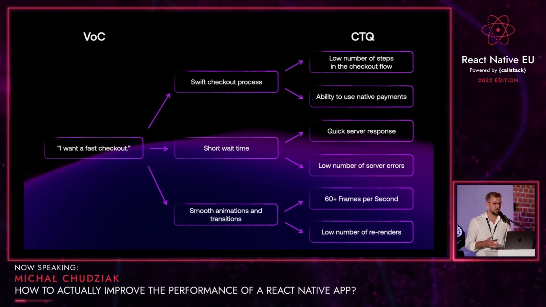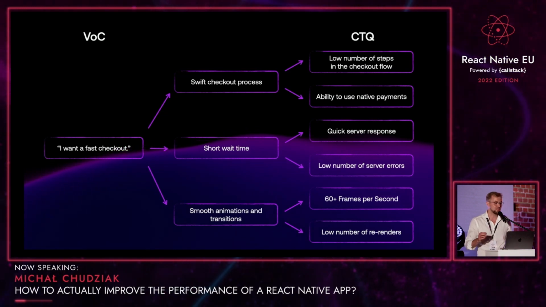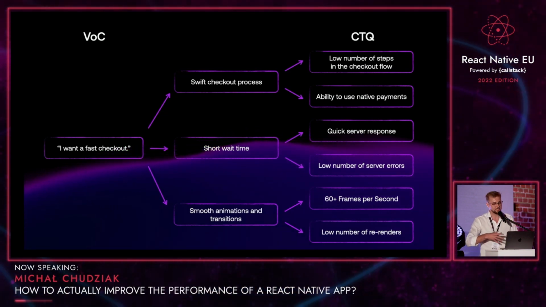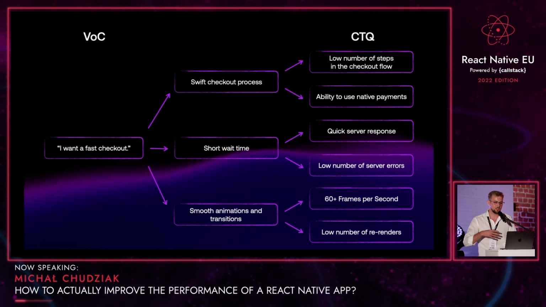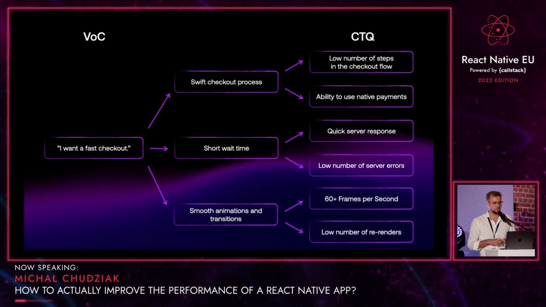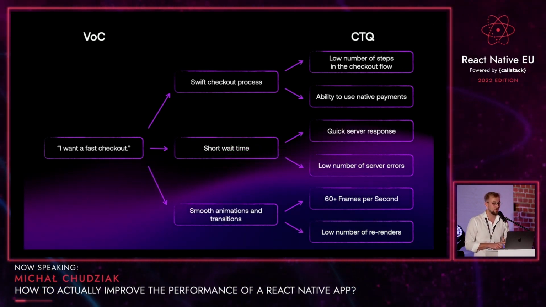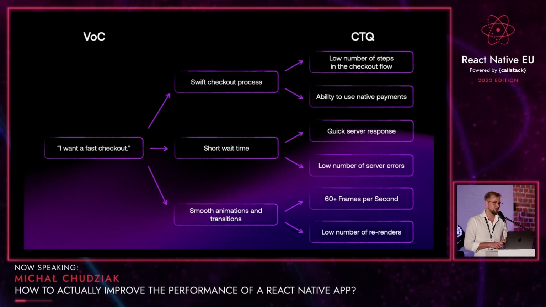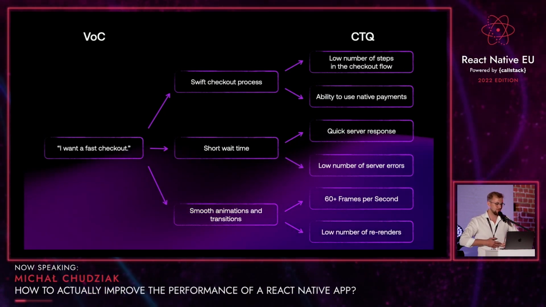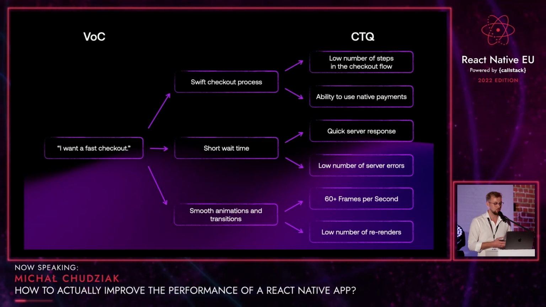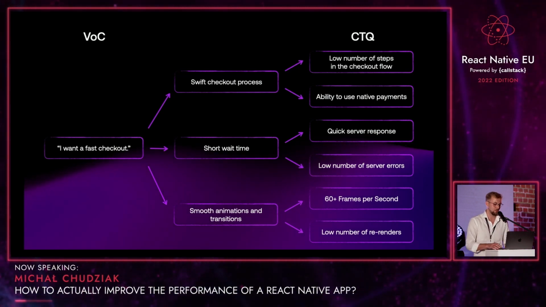So in our case, customers want a fast checkout. So after analyzing cluster components, we know that this means a swift checkout process, short wait time on checkout flow, and smooth interactions and transitions between the screens. And this is further decomposed into CTQs that are measurable and easily trackable.